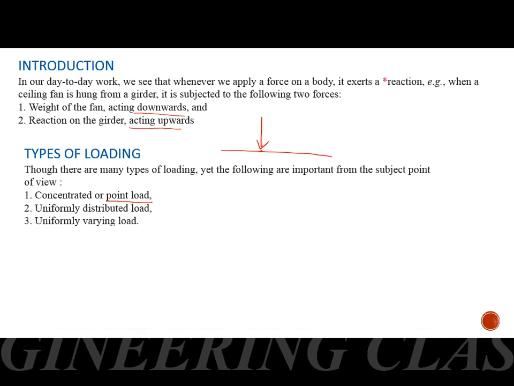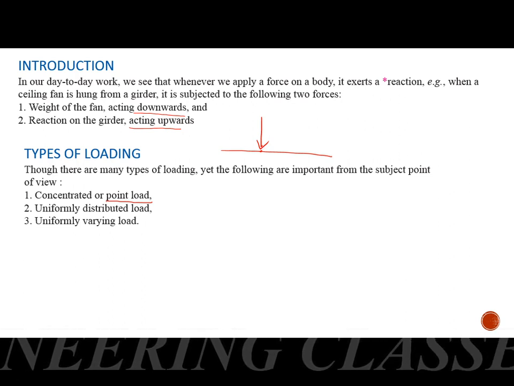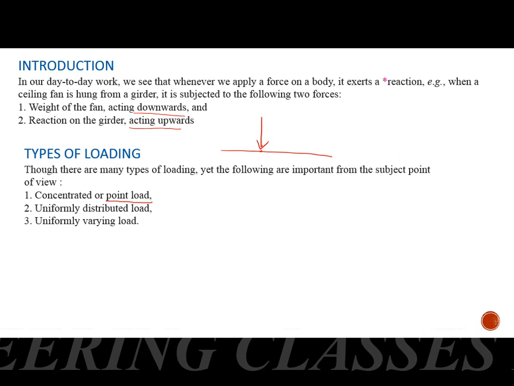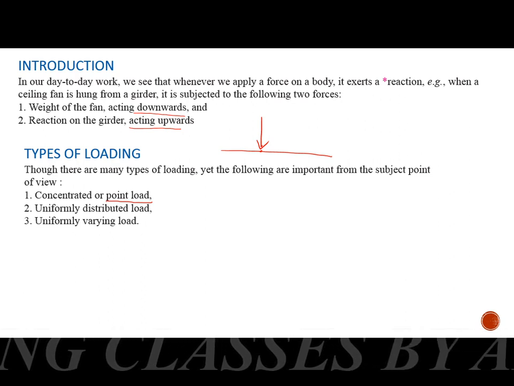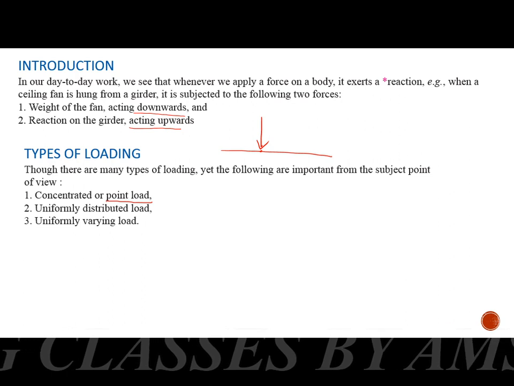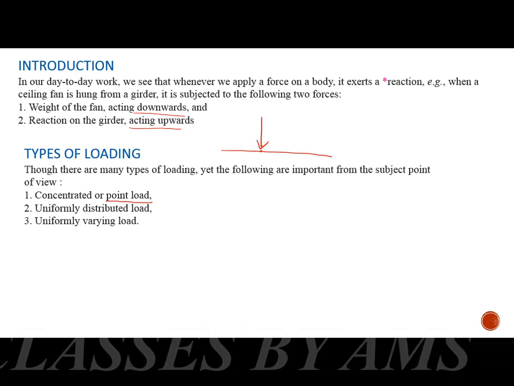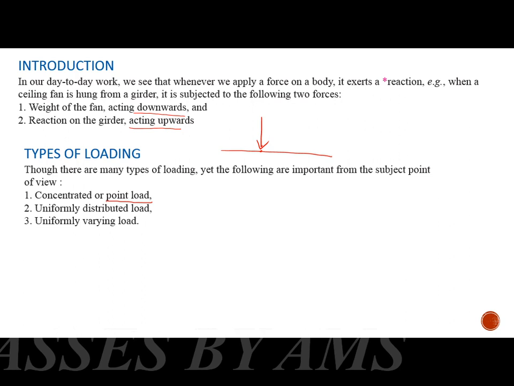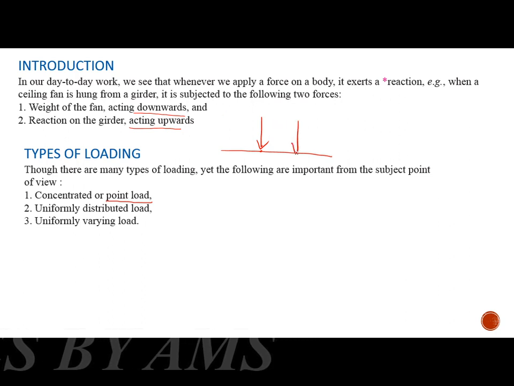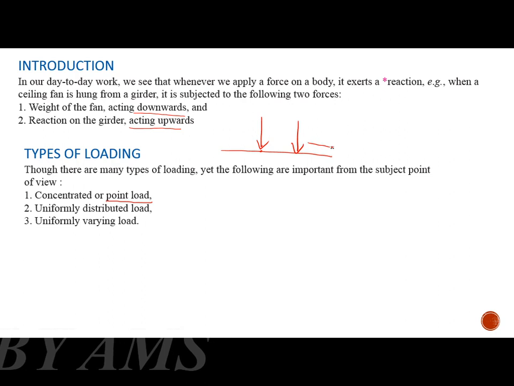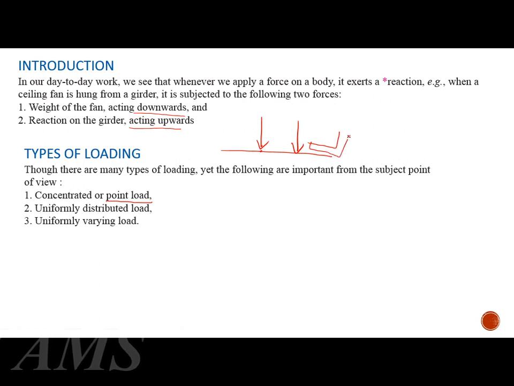And the second one is the uniformly distributed load. Suppose I am applying some amount of force with my finger, it can be treated as a point load. If I am applying with my full hand, it can be treated as a uniformly distributed load.